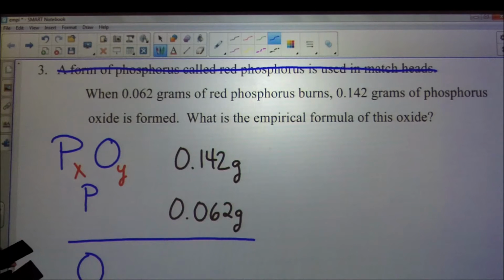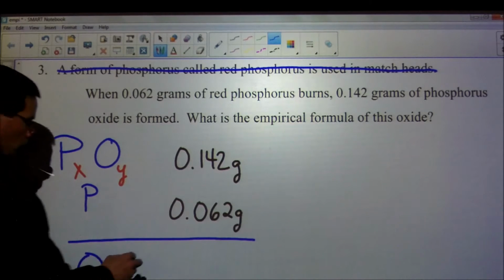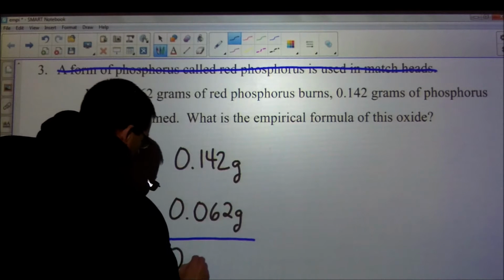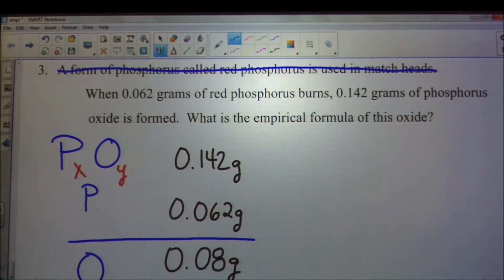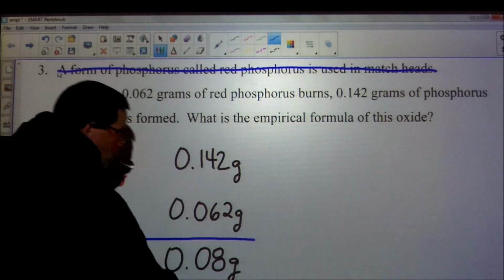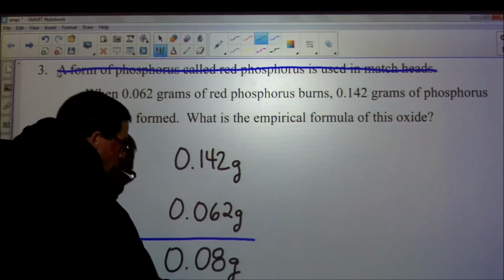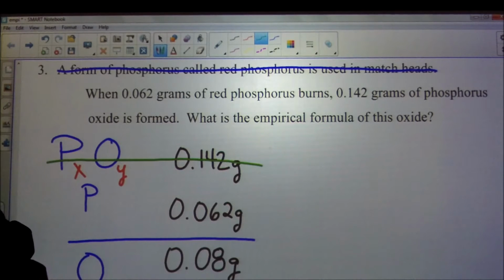When we do that, we get a value of 0.08 grams. Okay? So we don't need to worry ourselves about this information any longer. We're just going to focus on these two things.